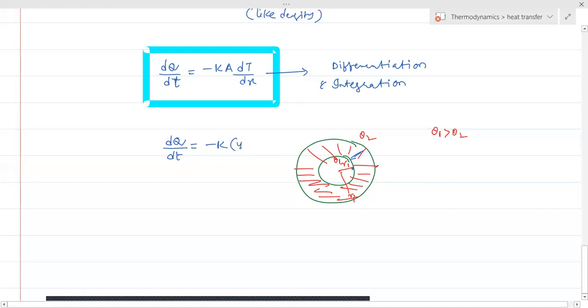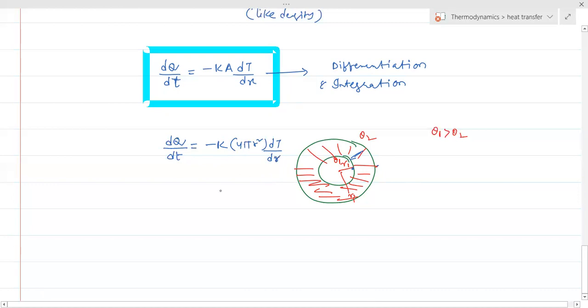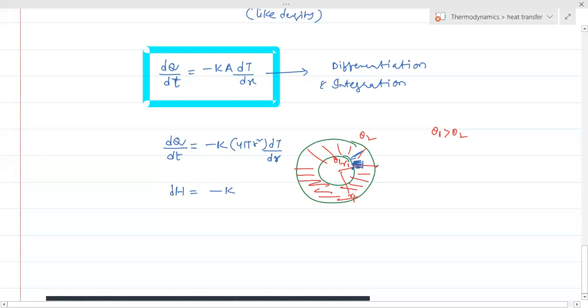So minus K into 4 pi r square into dT by dx, where dx means dr. This heat current H is a constant value. For a small radius, we take dH equals minus K into 4 pi r square into dT by dr.